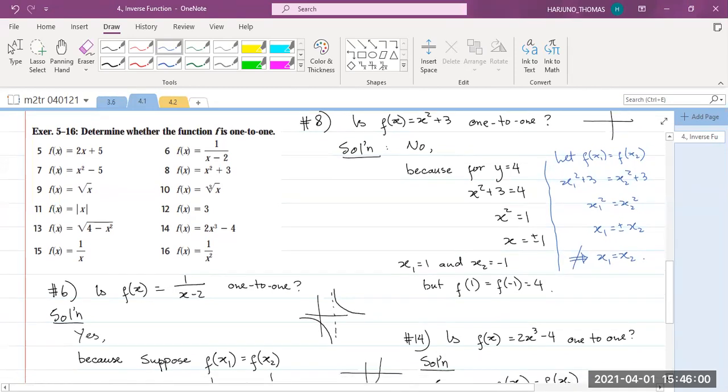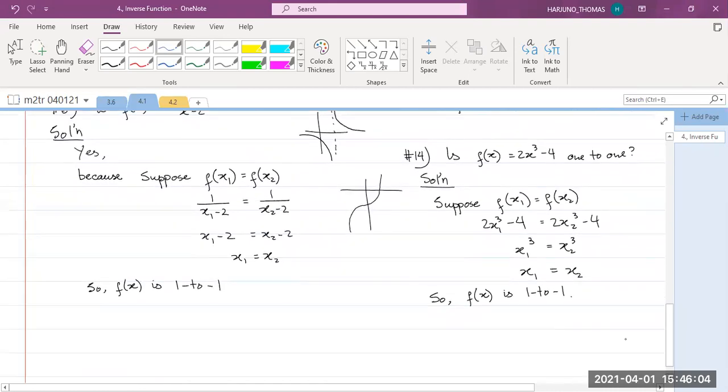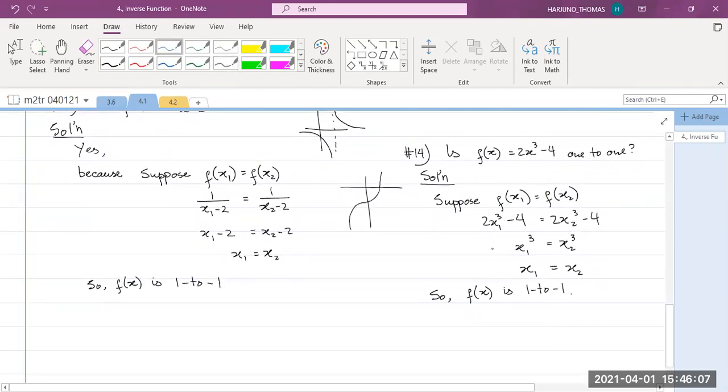Now, if I go back to number 14, the step from here to here, what I did there, is usually not acceptable once you are at a much higher level. If you are in a 300, 400 level class, then I cannot just say that x cubed equals y cubed implies x equals y. That is not true. The proper argument is supposed to be different.